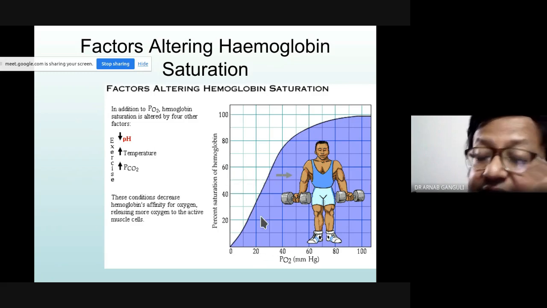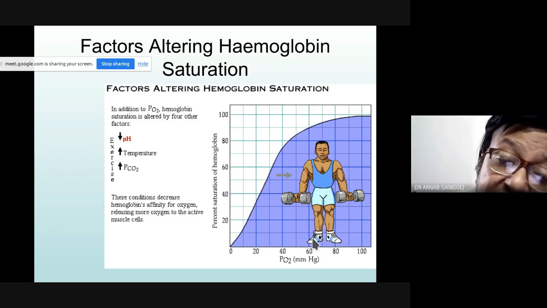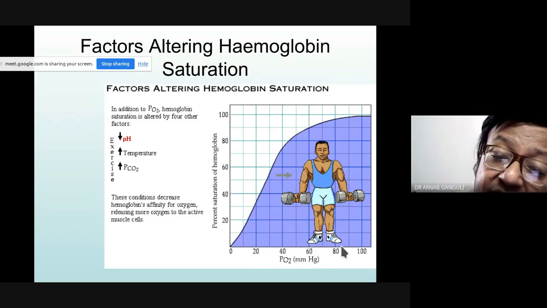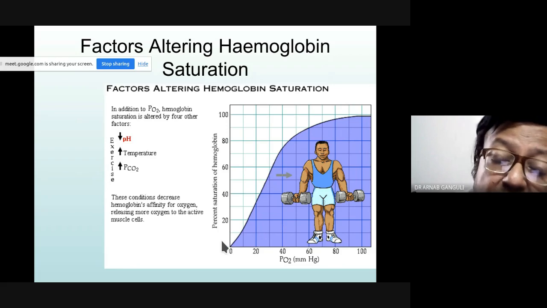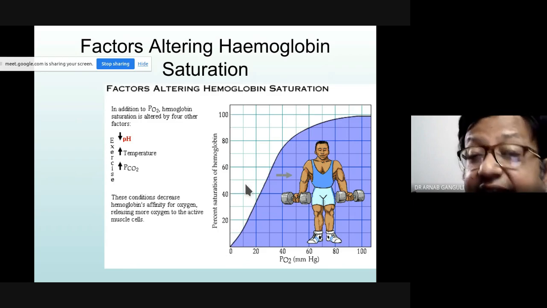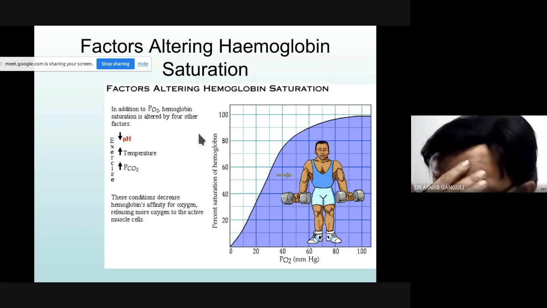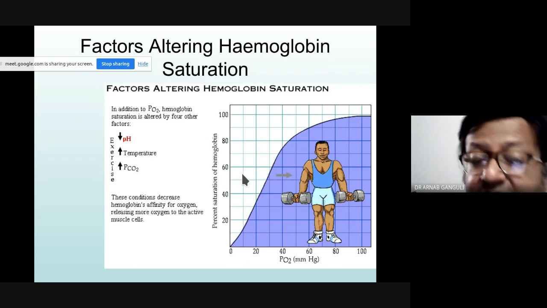That means it can happen that at higher concentration of oxygen the hemoglobin saturation is low, or at lower concentration of oxygen the saturation is still high. That is because the curve shifts to the right or left.